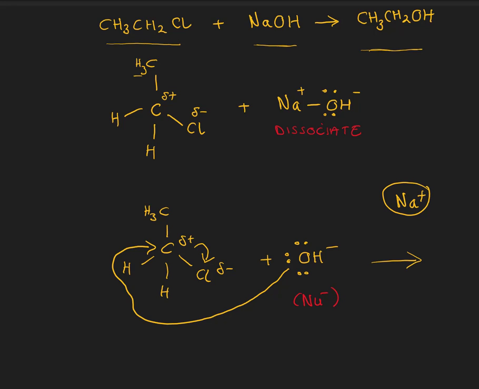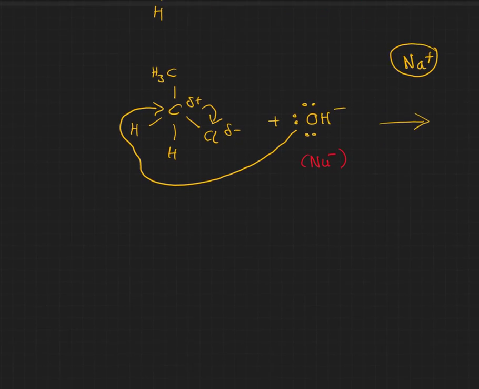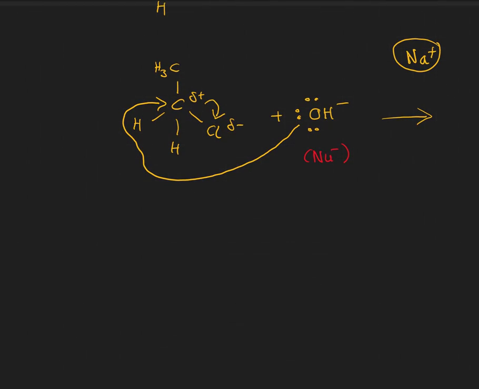And what we get then is an intermediate or transition state, and we show this in our square brackets. In this we have our carbon, and our carbon is now going to have 5 bonds. And we know our carbon isn't like that. Carbons will always want to have 4 bonds. That's what makes it stable. So we know this isn't going to stay here for long.